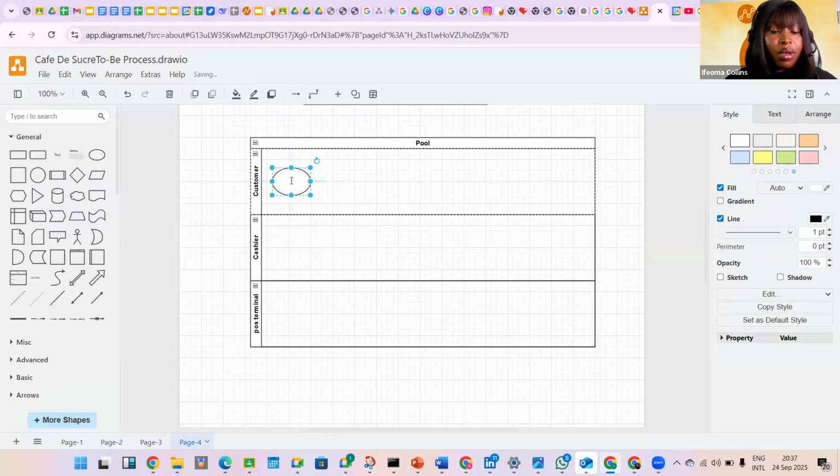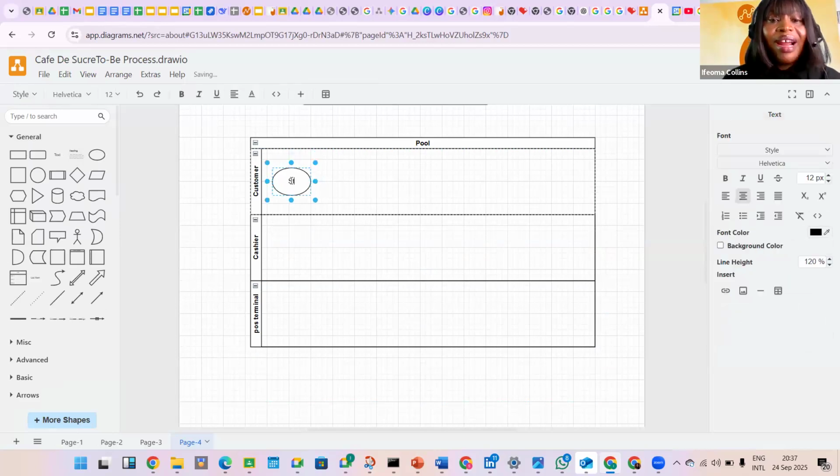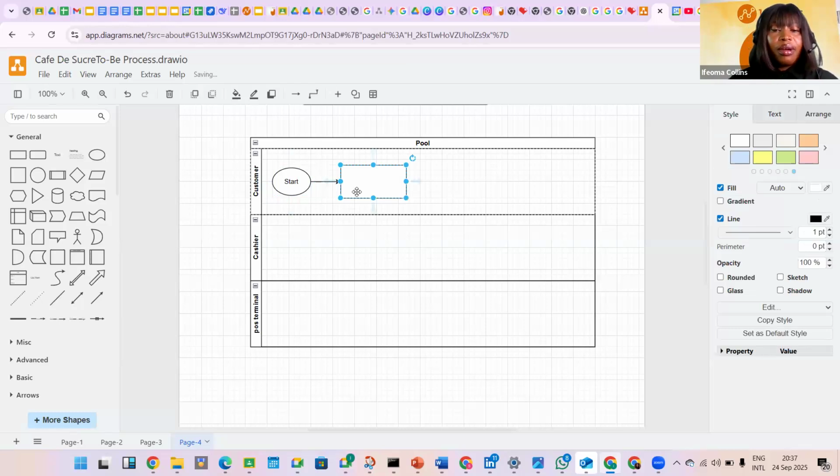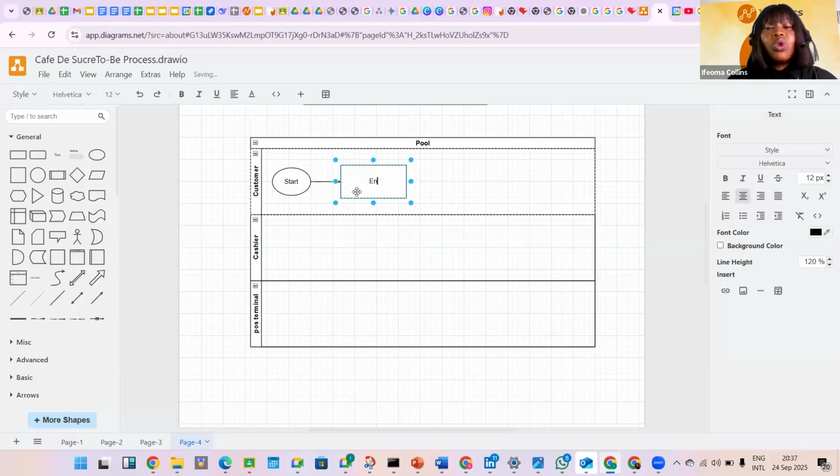So I'm going to write start. You can write start or you can just start the process, okay? But for the sake of this masterclass, I'm going to write start. So remember what this process is, the customer, right? I'm not going to be writing customer here because we already have this section, everything here is just going to be all the process that the customer takes, right?